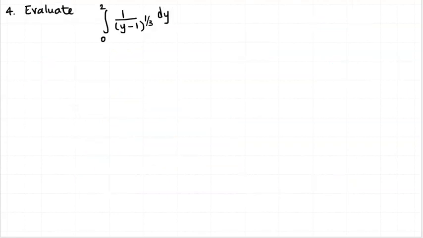Let's take this example. So here your integral is over the interval 0 to 2. Let's check for the unboundedness. We have y minus 1 to the power 1 over 3 equals 0. This gives us y minus 1 equal to 0, that is y equal to 1.